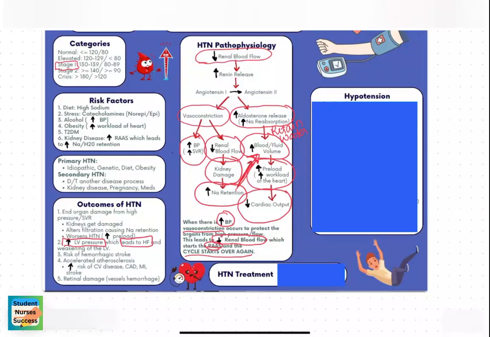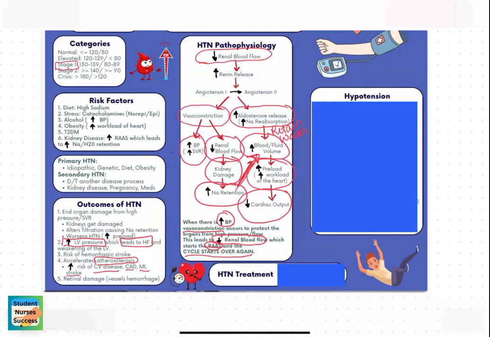And also, we can have a stroke from high blood pressure or hypertension, where the vessels under pressure actually start to leak and bleed. We also know that high blood pressure accelerates atherosclerosis and increases the risk of cardiovascular disease, the development of coronary artery disease, myocardial infarction, and stroke, which is part of cardiovascular disease.